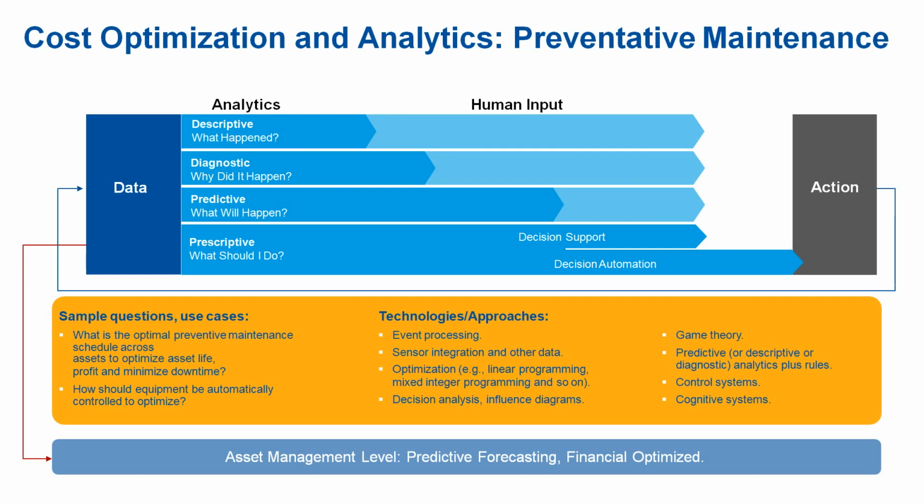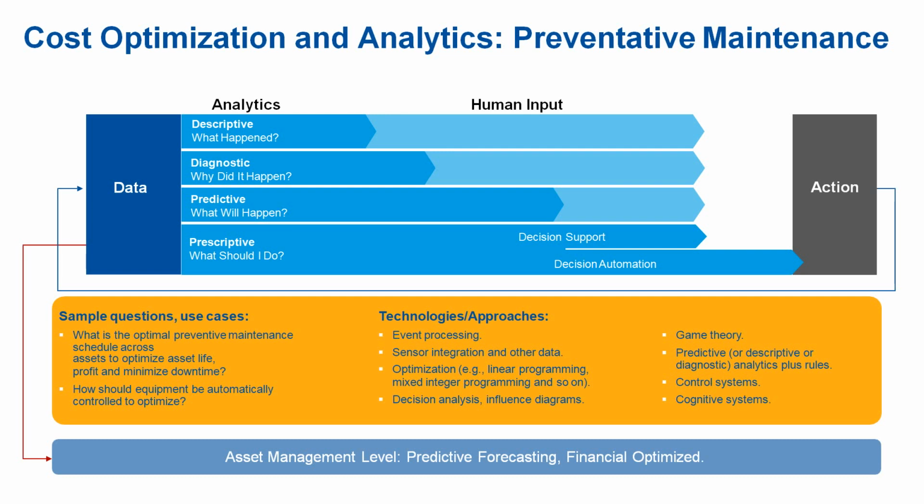So it's a continuous process, right? In this preventive maintenance, I have given sample questions and use cases which can easily be answered by the analytics team. What is the optimal preventive maintenance schedule across assets to optimize asset life, increase profit and minimize downtime?